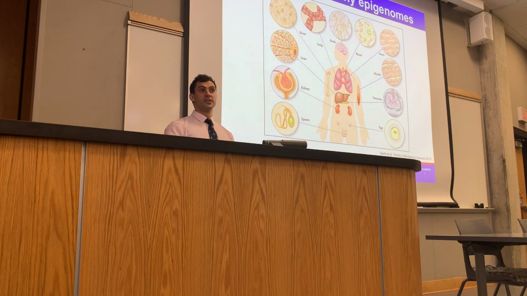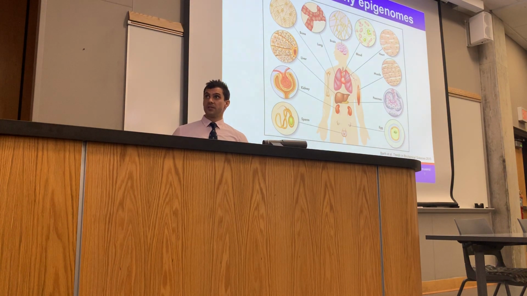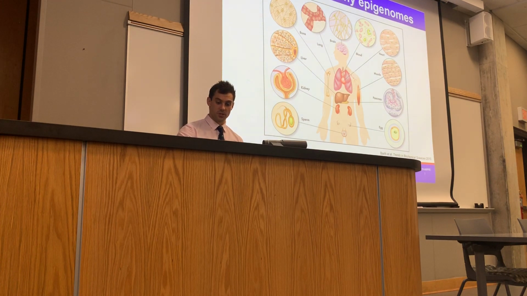It's why a brain cell is different than a liver cell, which is different than a skin cell. They all share the same DNA sequence, but something, the epigenome, is turning on and off genes that define the function of these cells. So the cell specificity of the epigenome is really a key feature of the analytical methods that I'll be describing later in this presentation.